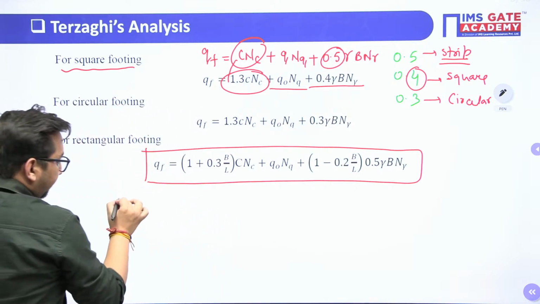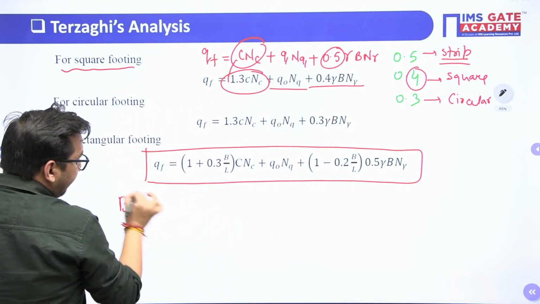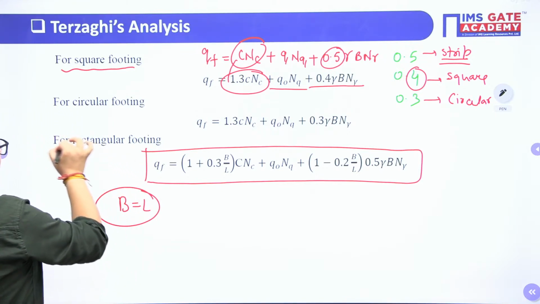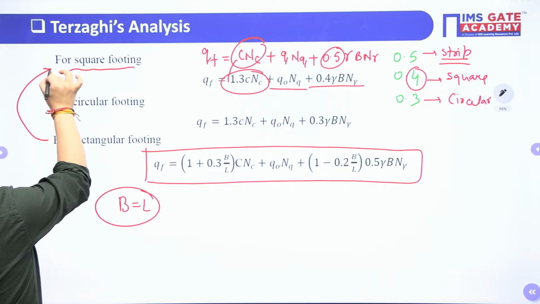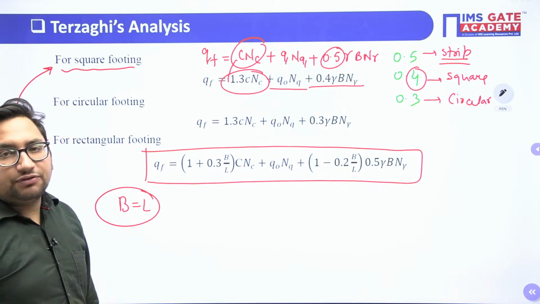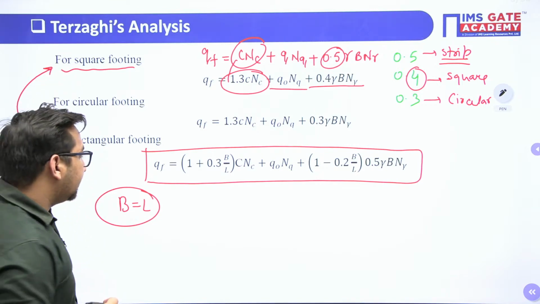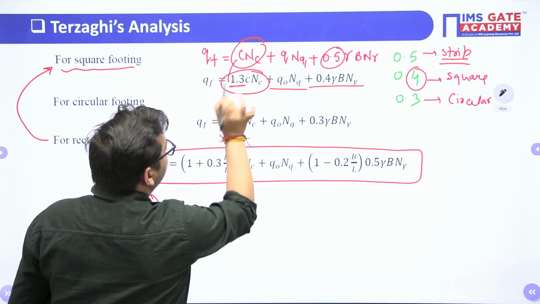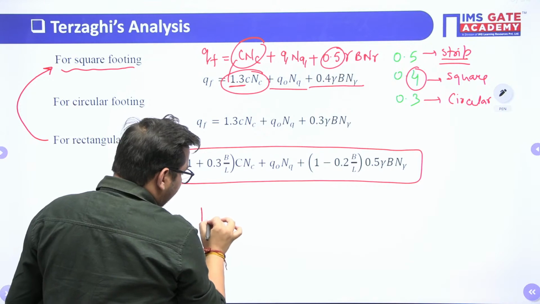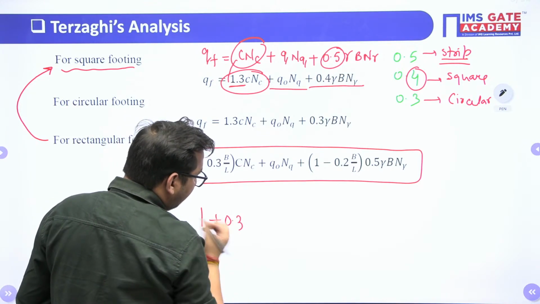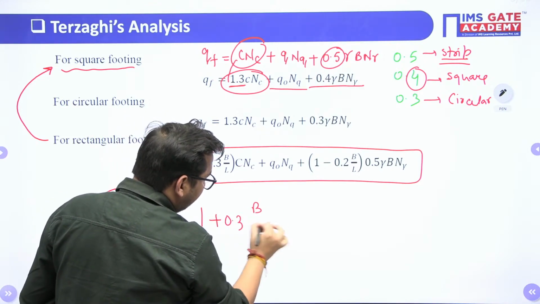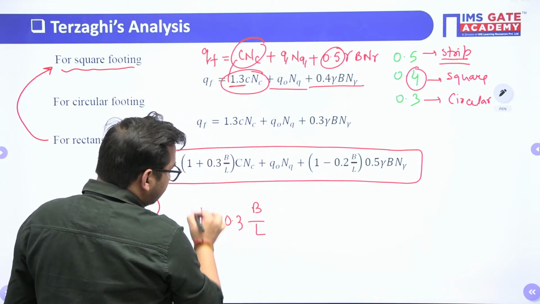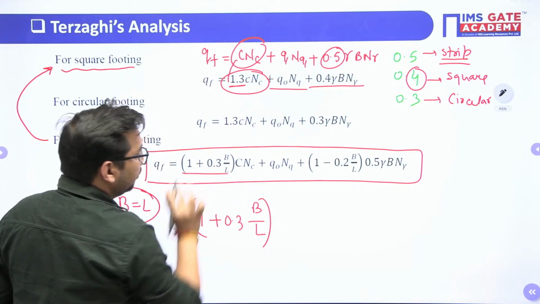Remember that if B is equal to L, this rectangular foundation is nothing but a case of square footing. We want 1.3 here, so from here you can remember 1 plus 0.3 will be 1.3 when B and L are equal, right? So this particular term you can remember.